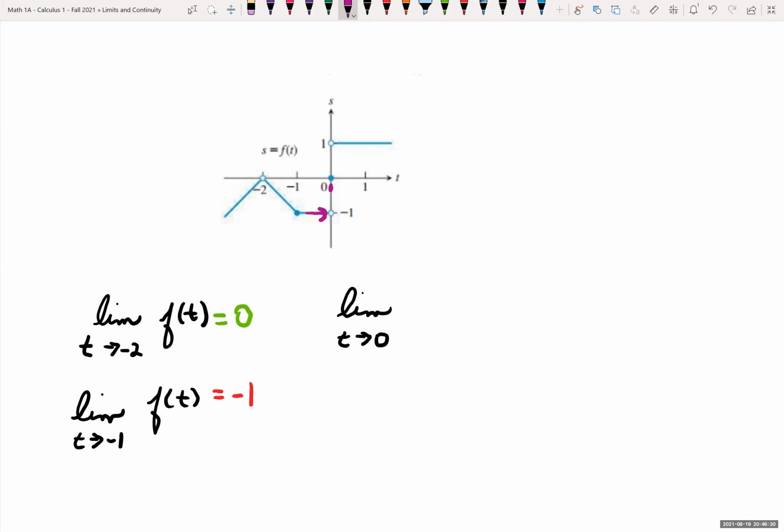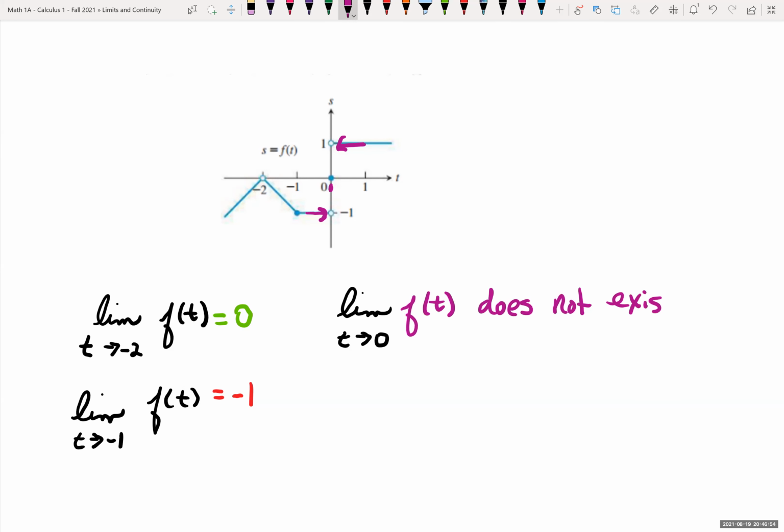But if I'm coming in on the right-hand side of t equals 0, I'm getting a y value that's getting closer and closer to 1. Because of that, the limit as t approaches 0 of f of t does not exist.